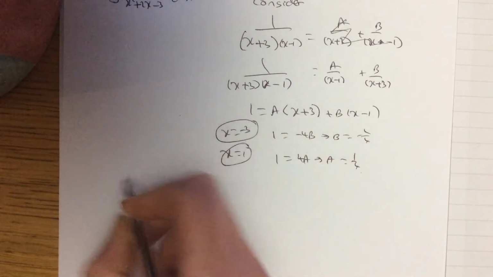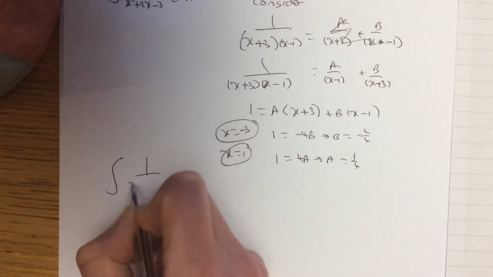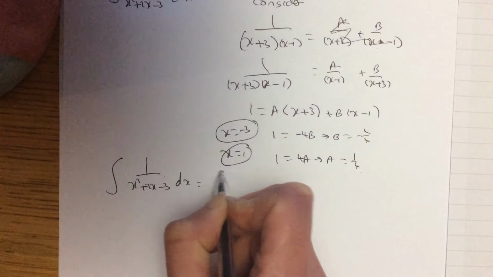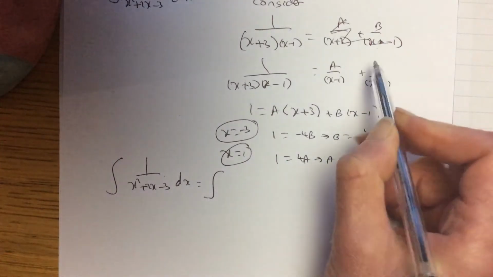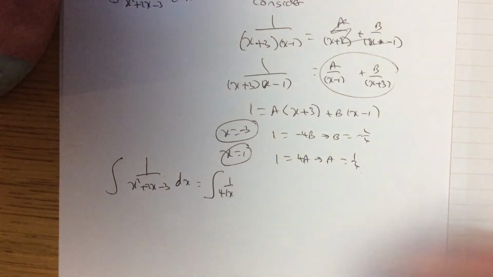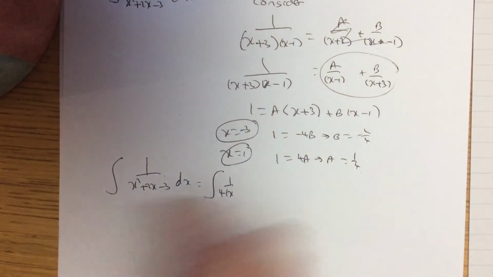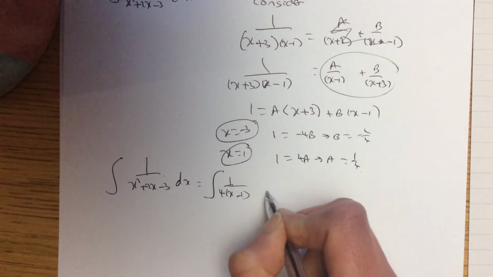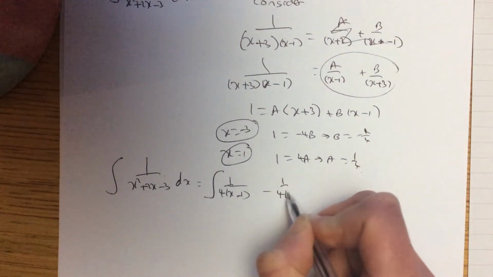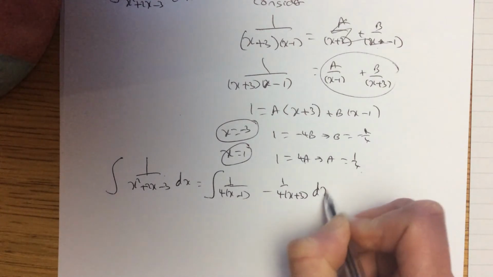So instead of having the integral of 1 over x squared plus 2x minus 3 dx, I'm going to write that as the partial fractions. So it's a, which is a quarter, over x minus 1, plus b, which is minus a quarter, over x add 3 dx.